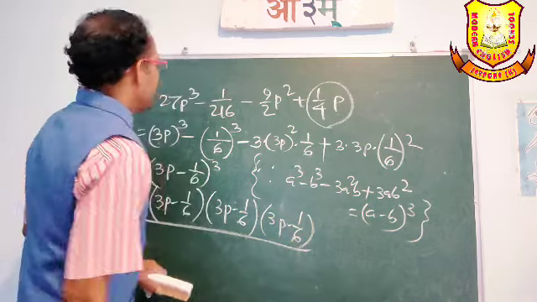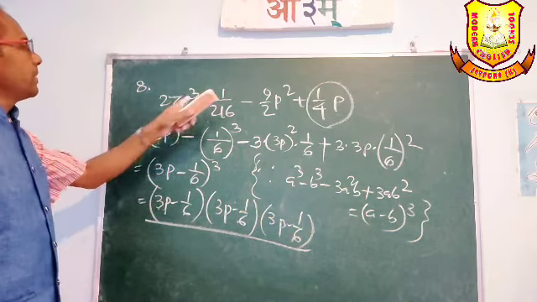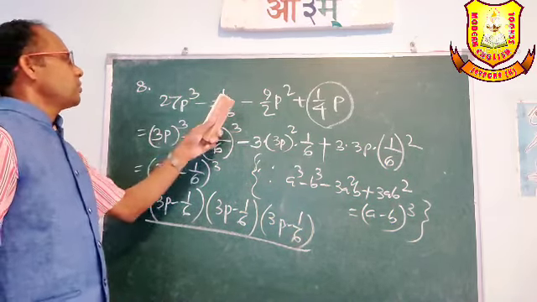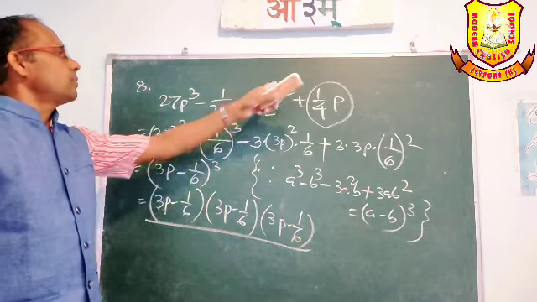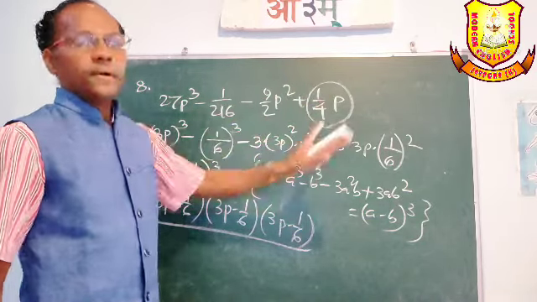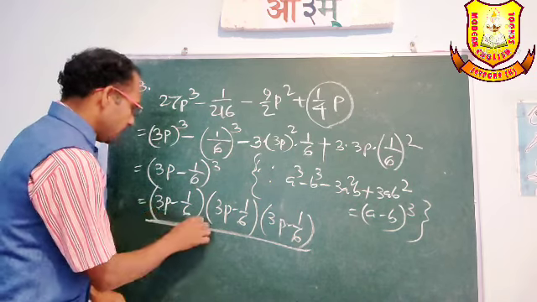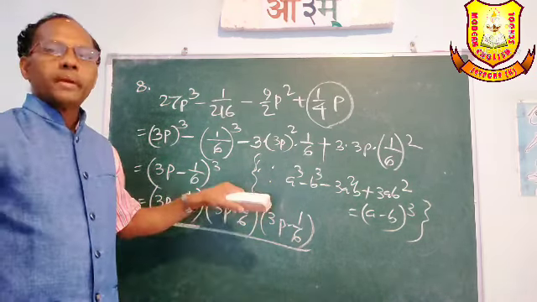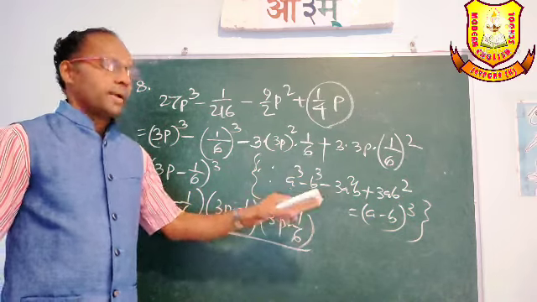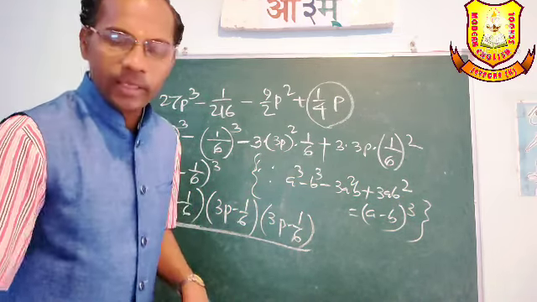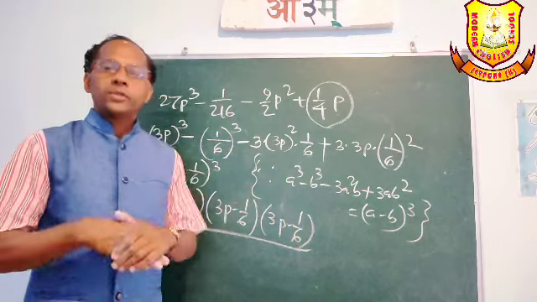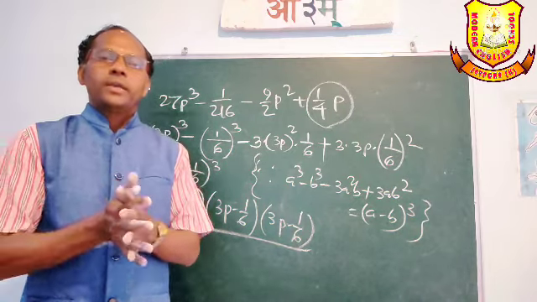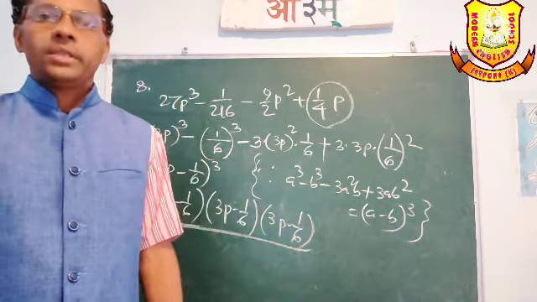This is the factorization of 27p cube minus 1 by 216 minus 9 by 2 p square plus 1 by 4 p. That is equal to (3p minus 1 by 6) into (3p minus 1 by 6) into (3p minus 1 by 6). I think everybody understood better. Okay. Thank you very much.